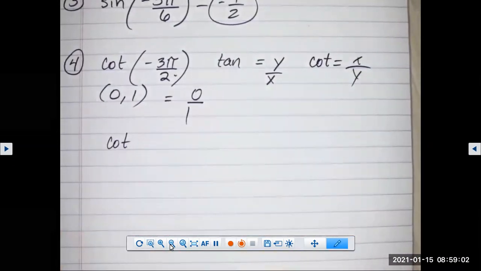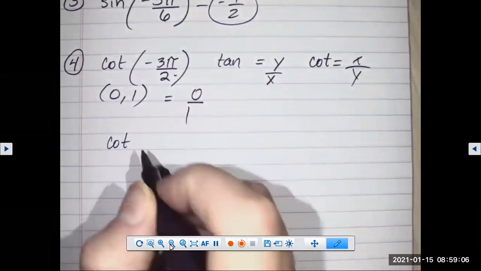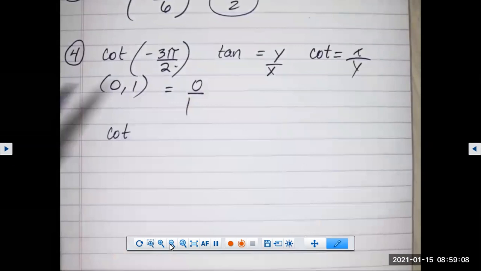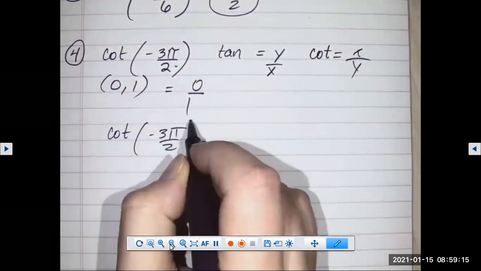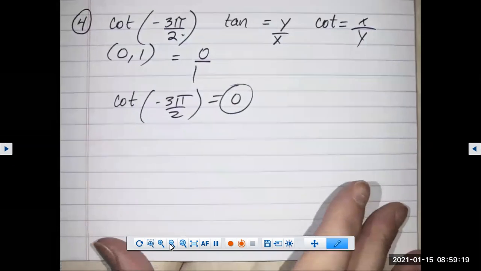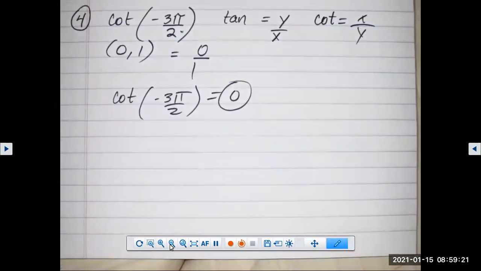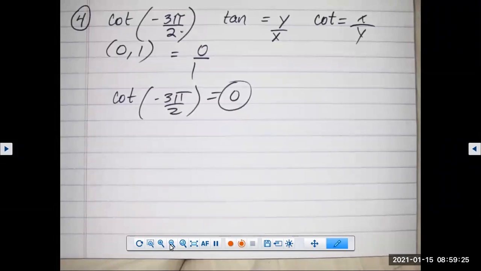Wherever tangent is undefined, cotangent will be 0, and vice versa. Wherever tangent is 0, cotangent will be undefined. Does that make sense or no? No. Okay.